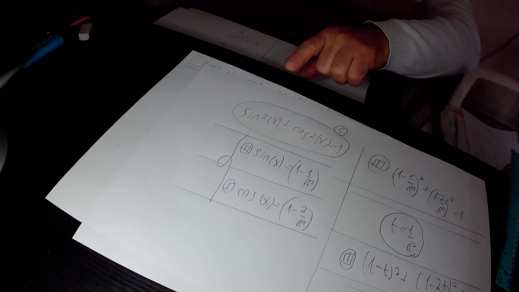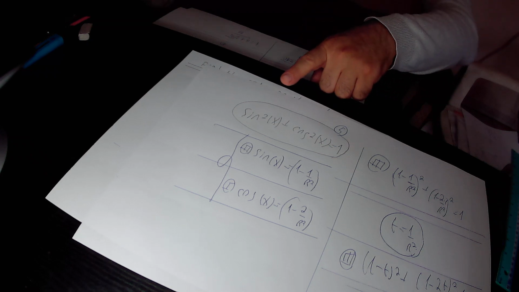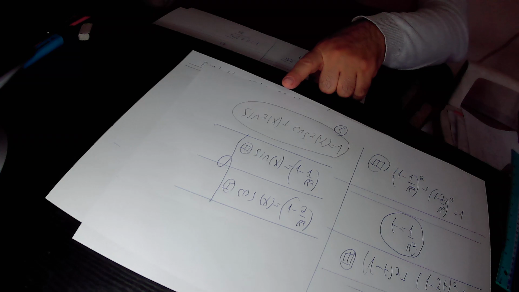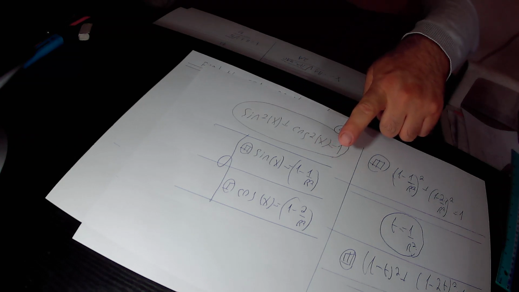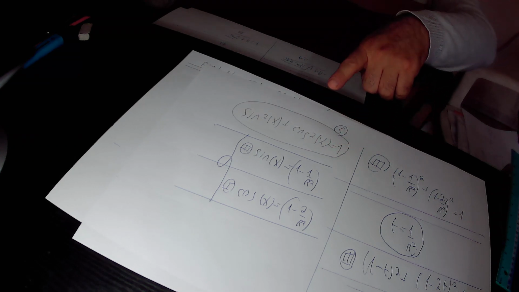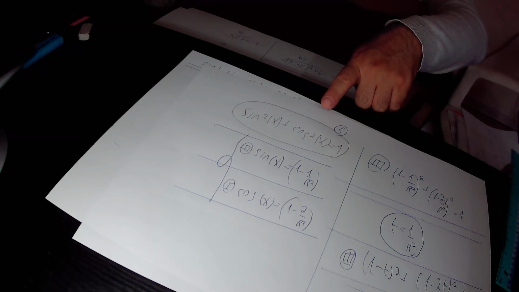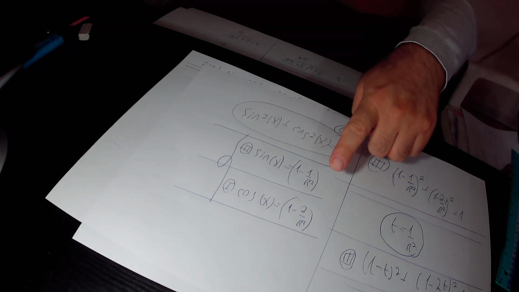So now we can substitute sine x in this identity by 1 minus 1 over r squared, and cosine x by 1 minus 2 over r squared.